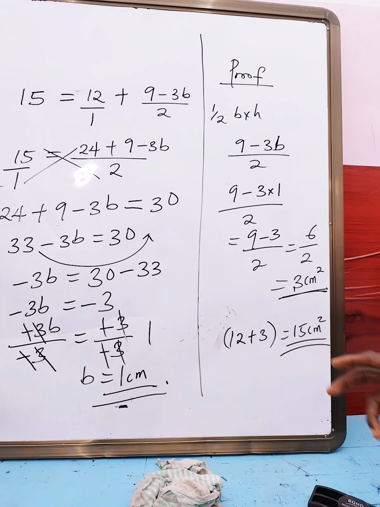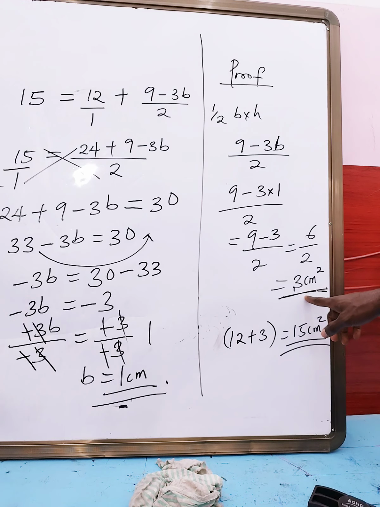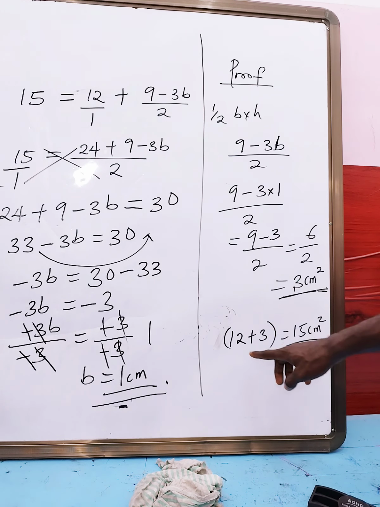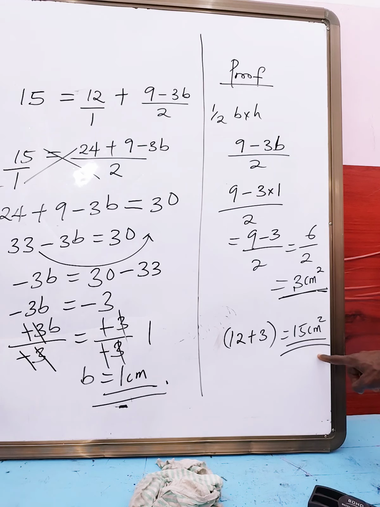If we put the value of b as 1 into the result from the area of the triangle, we get 3 centimeters squared, and adding the 12 centimeters squared from the rectangle, we get 15 centimeters squared.